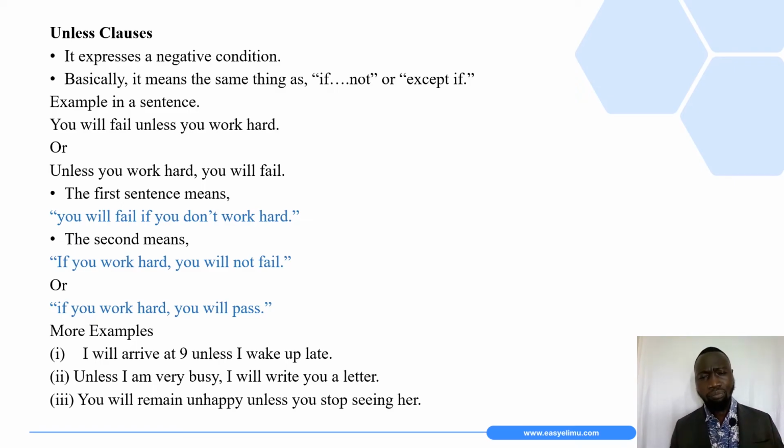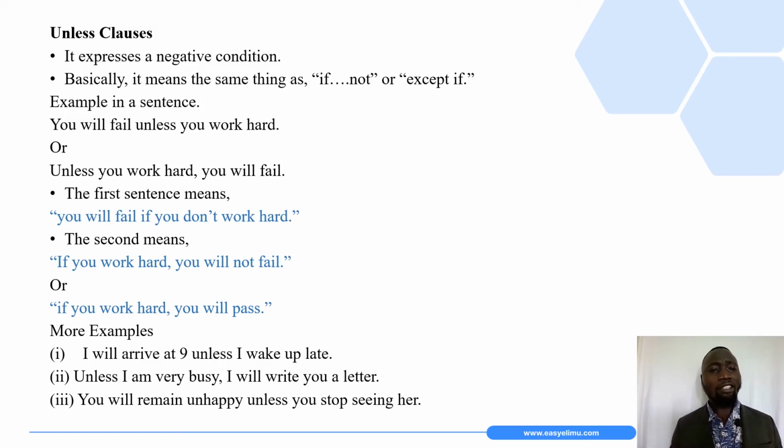An example in a sentence is: you will fail unless you work hard, or unless you work hard, you will fail. The first sentence simply means that you will fail if you do not work hard. The second sentence means that if you work hard, you will not fail, or we can say that if you work hard, you will pass.